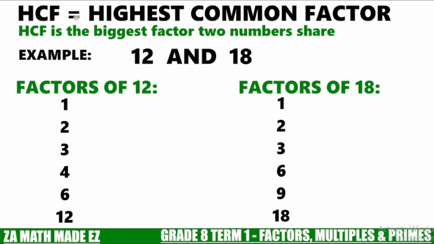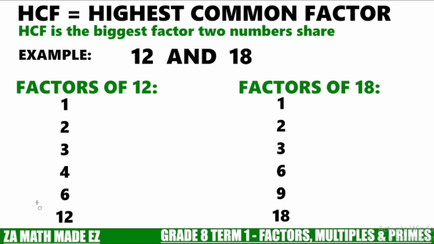HCF. HCF means highest common factor. The highest common factor is the biggest factor that two numbers share. Here I have a simple example for you between 12 and 18. These are the factors of 12 and 18. 1, 2, 3, 4, 6 and 12. 1, 2, 3, 6, 9 and 18. Now, what is the highest factor that 12 and 18 share?